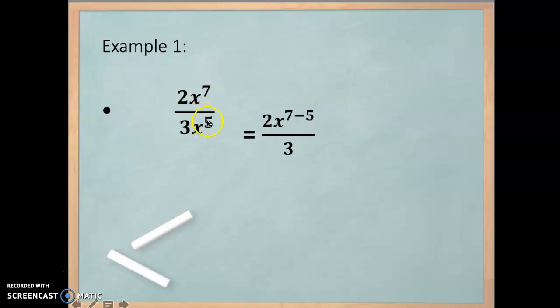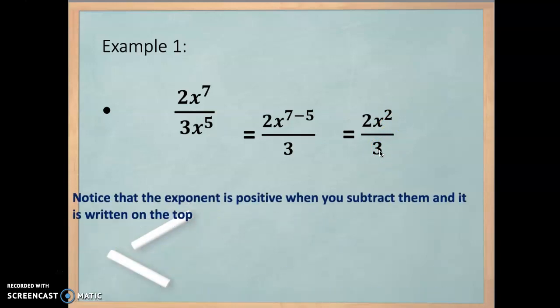But 7 over 5, well, I need to subtract 7 minus 5. And since it's positive, it goes on top: 2x to the second over 3. Notice the exponent is positive when you subtract them, and it is written on the top.